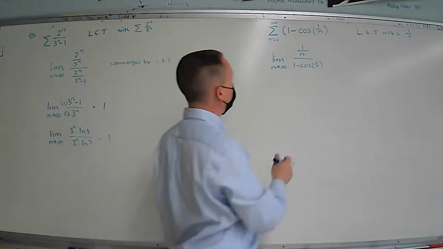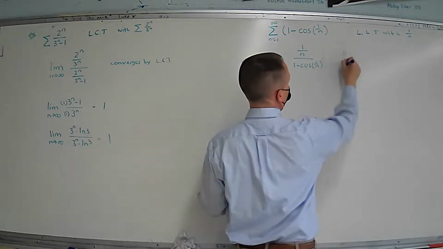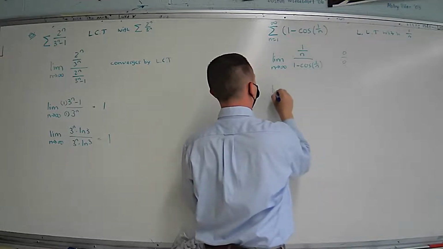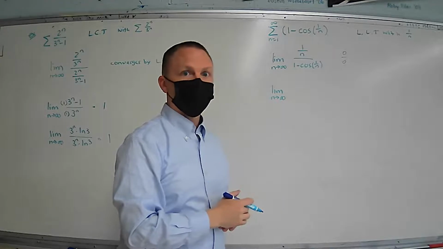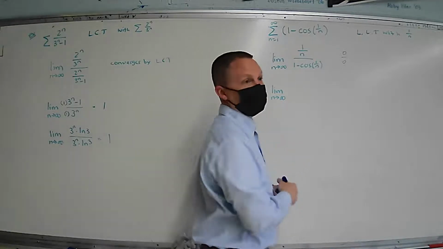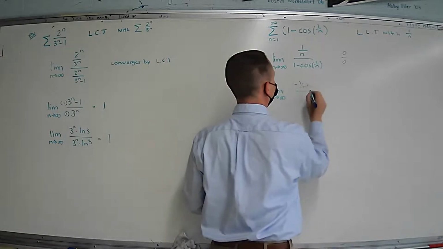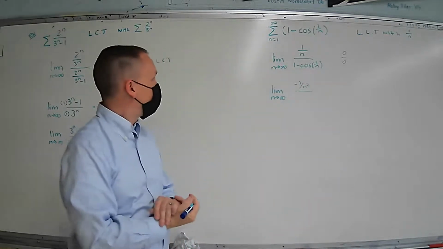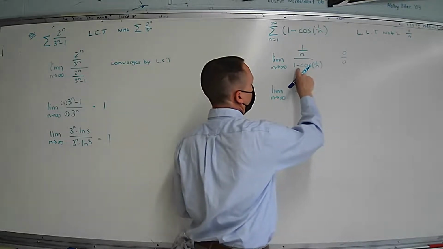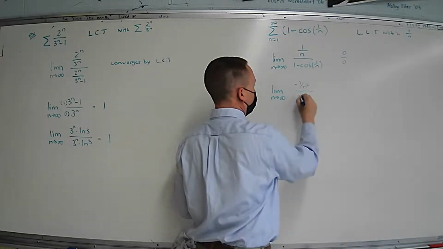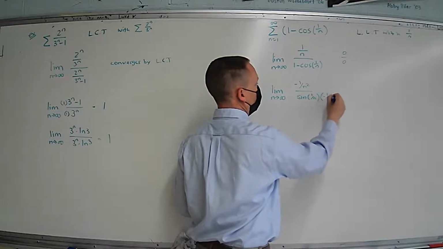Okay? What's the derivative? Well, by the way, we have 0 over 0 here. What's the derivative of the top? It's negative 1 over n squared. And what's the derivative of the bottom? The derivative of the bottom is going to be sine of 1 over n times negative 1 over n squared.